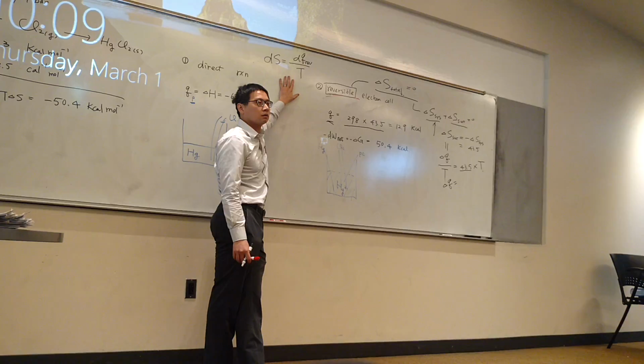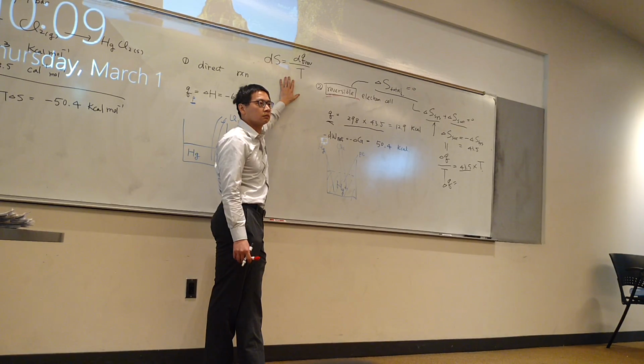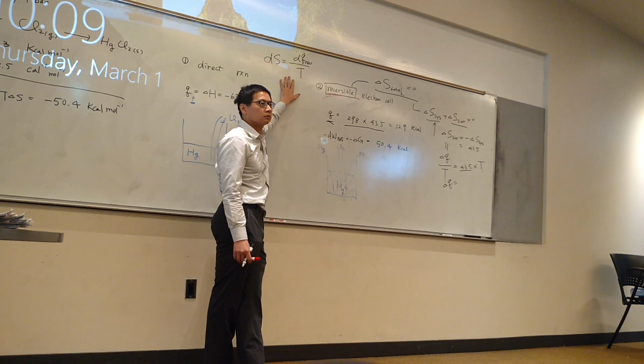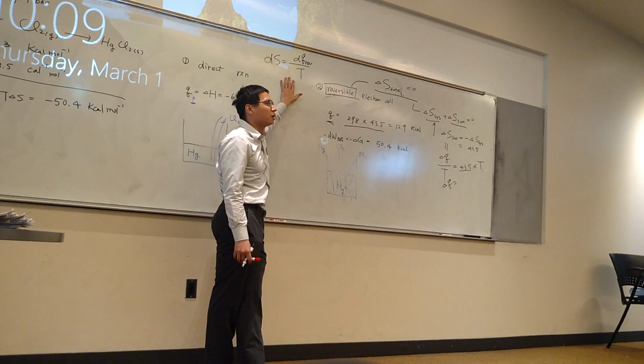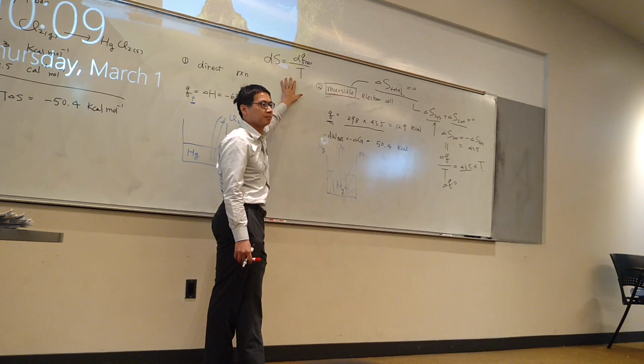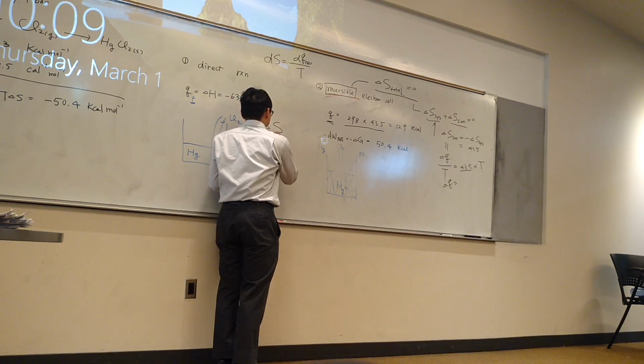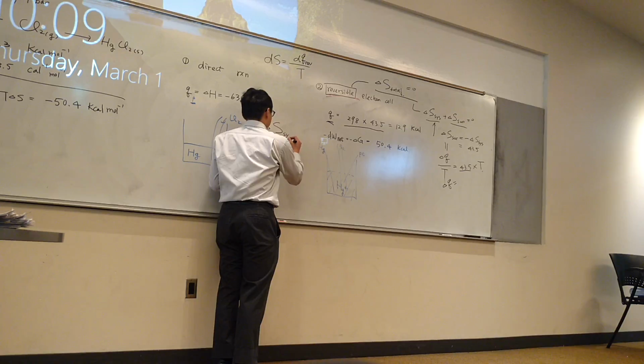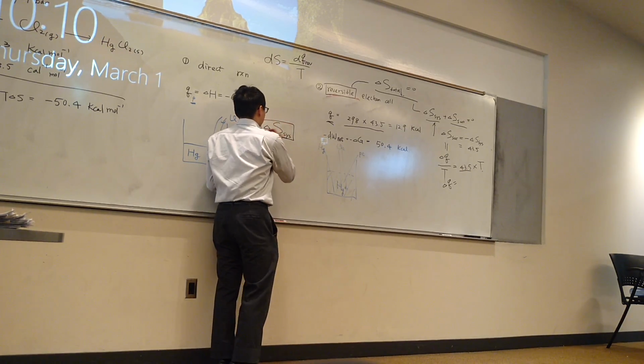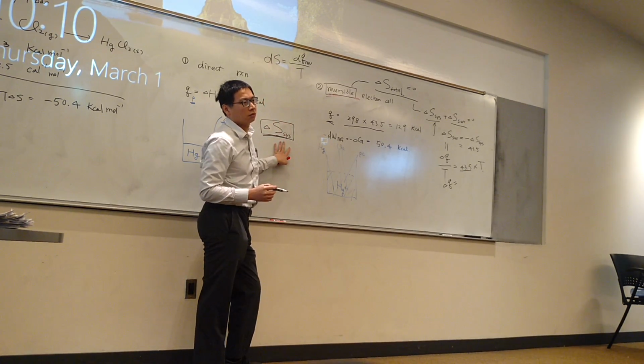Last time you said it's all about delta S surrounding and delta S system. Yes, the only thing we care about is actually delta S system. But in order to get delta S system, what do you need to know?